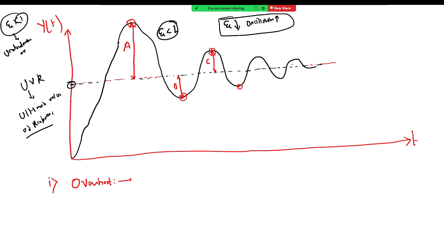What is overshoot? It means how much the value of this function increases, getting to a maximum, above the ultimate value of response.